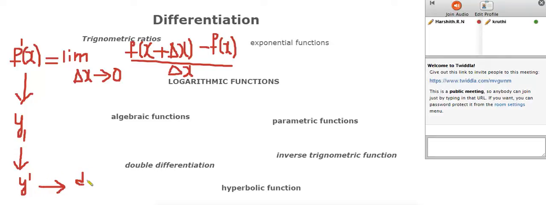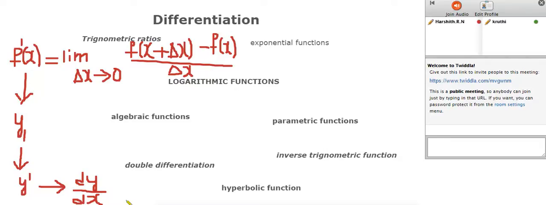Here y is the dependent function, x is the independent function, and dy by dx indicates that the dependent function is differentiated one time with respect to x. I think we discussed all this in brief in the regular session. Is this clear to you?